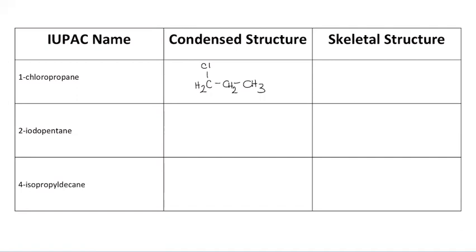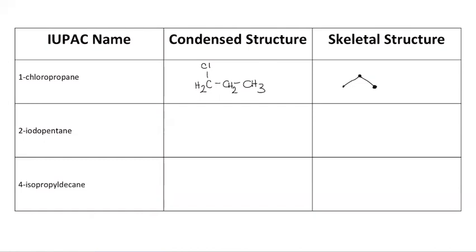When it comes to the skeletal structure, first I draw in my parent chain. 1 carbon, 2 carbons, 3 carbons. Remember that in the skeletal structure, we are illustrating those 109-degree angles that each of those carbon atoms have because they're tetrahedral.